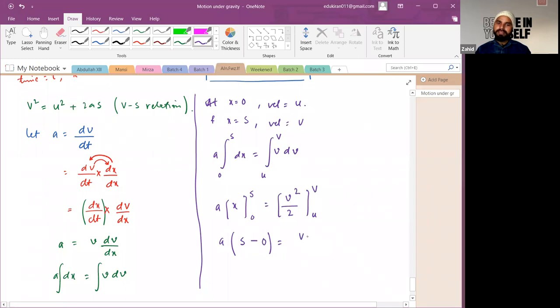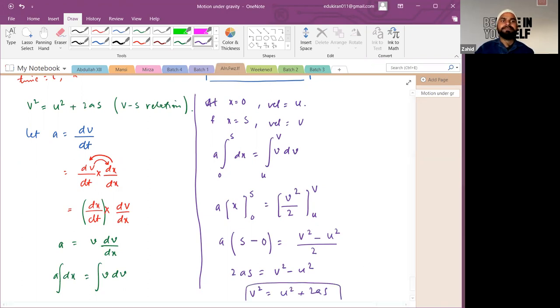V as upper limit, so it will be v square. V is equals to lower limit, so it will be u square, divided by 2. Move this 2 to the other side, so it will be 2as is equals to v square minus u square, or on rearranging, you will get v square is equals to u square plus 2as.